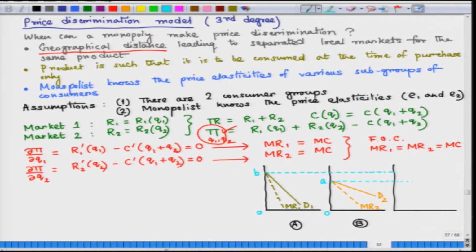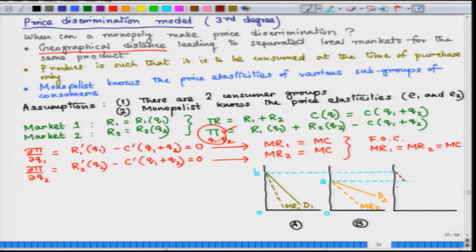So, if the market price is below OB but above OA, then the marginal revenue curve which is relevant for the monopolist is basically the marginal revenue from market 1. So, we draw here the marginal revenue from market 1.